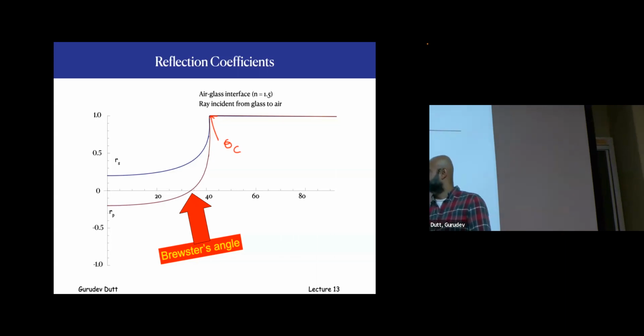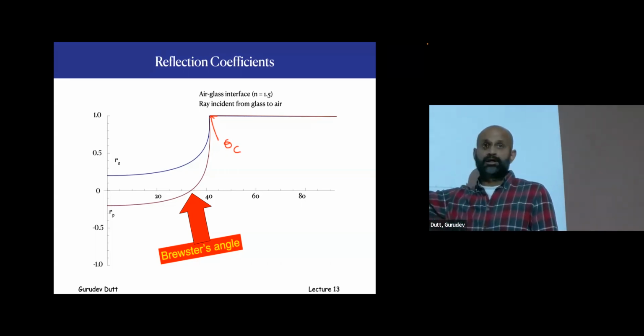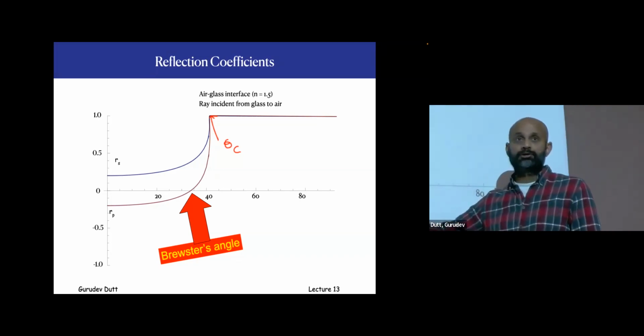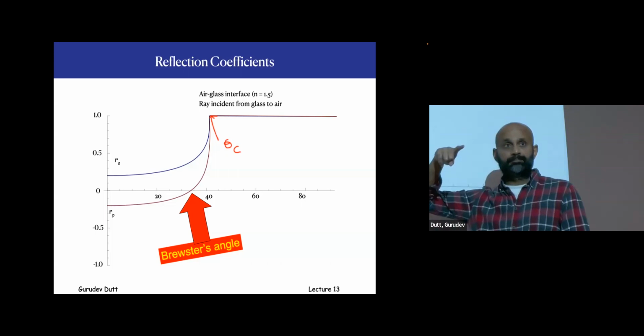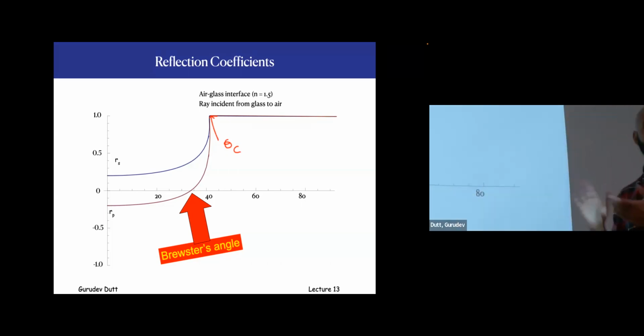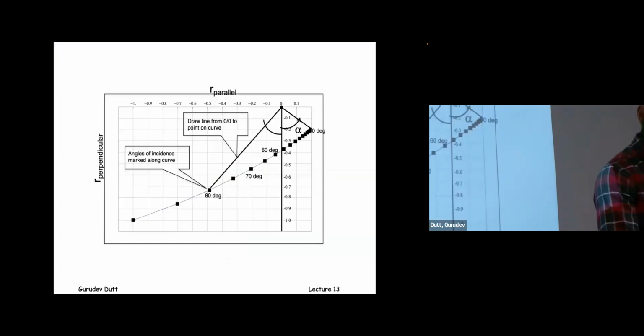There will be a point, this angle over here, where at this Brewster angle RP is equal to 0, and now the reflected beam is entirely S polarized. So same idea, but just the angle is different. In fact, if you look at the angle here and the angle in the previous situation, those two exactly add up to 90 degrees as well, and that's also guaranteed by the Fresnel coefficients. But we won't prove that here.